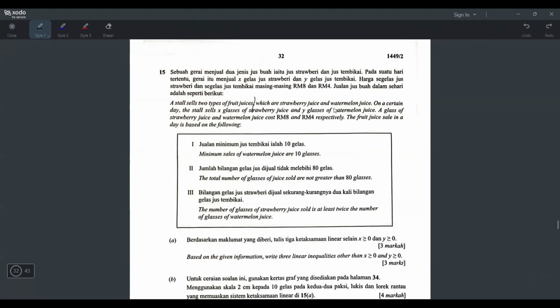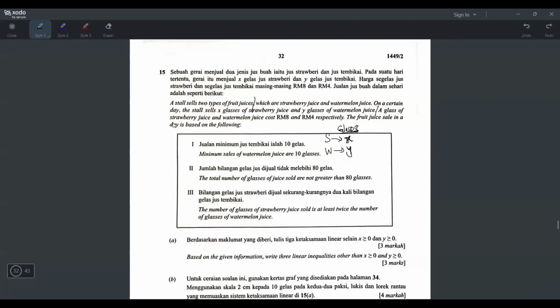We have strawberry and watermelon, and x and y are the number of glasses. So I'll write S for strawberry, W for watermelon, and here I write x, y. What do x and y represent? Not anything else, it is the number of glasses. So I'll write here glasses. x and y represent number of glasses.